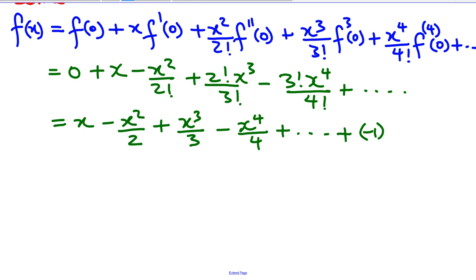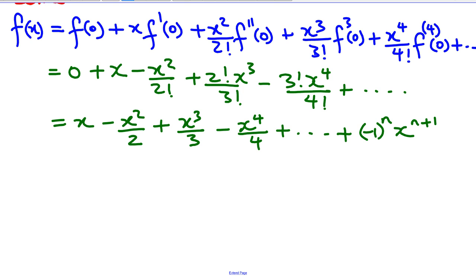So we can say to power n. And then we can just have x to power n as well, or n plus 1. Actually, n plus 1 works because you're starting from 0.